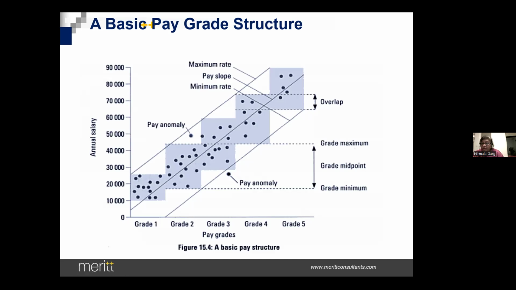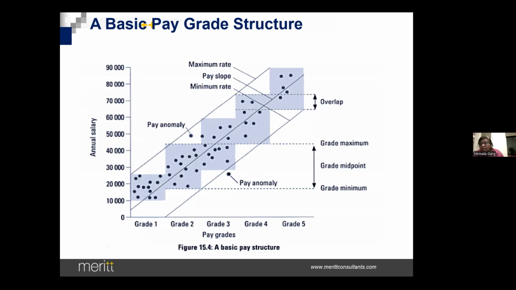It depends on you as a group, and I want you to discuss it. For example, from a lower level, I want to give an employee a higher salary, but if your overlap is such that the next grade begins where the maximum of the previous one ends, then I need to forcibly push him to a higher grade.